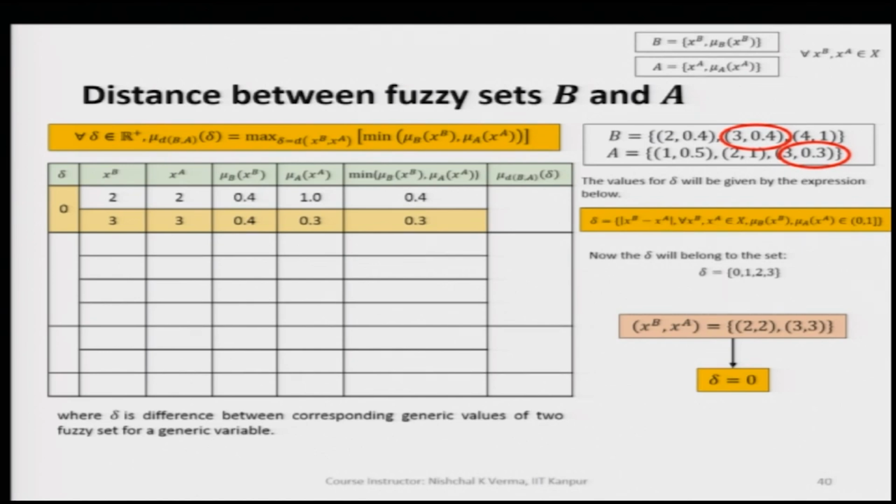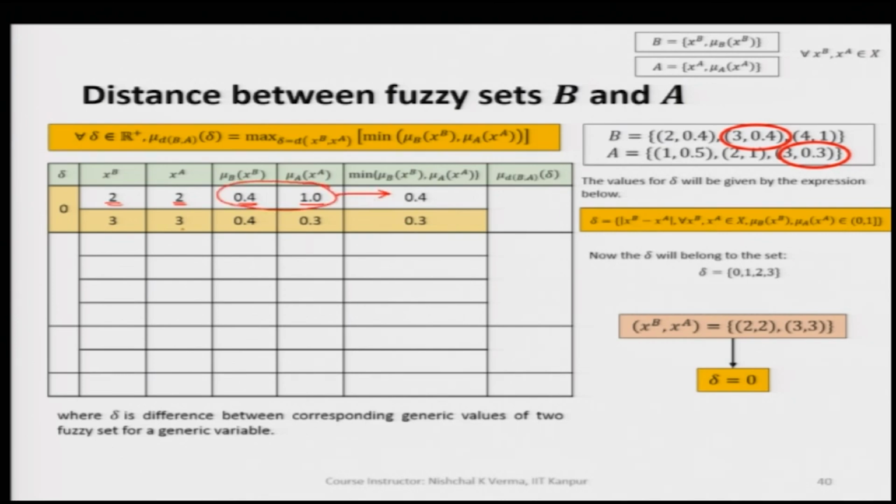When we do that, for 2 2 we get 0.4 and 1, and if we take the min of these 2, we get 0.4.